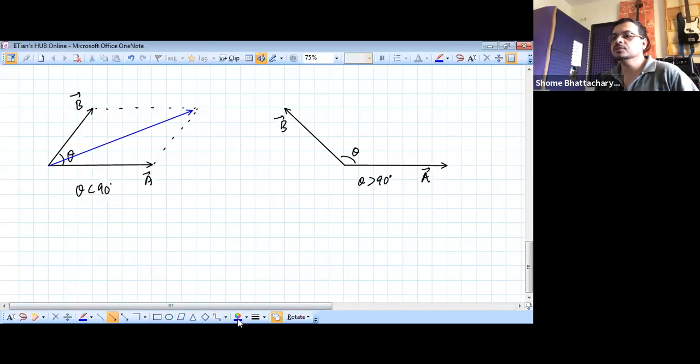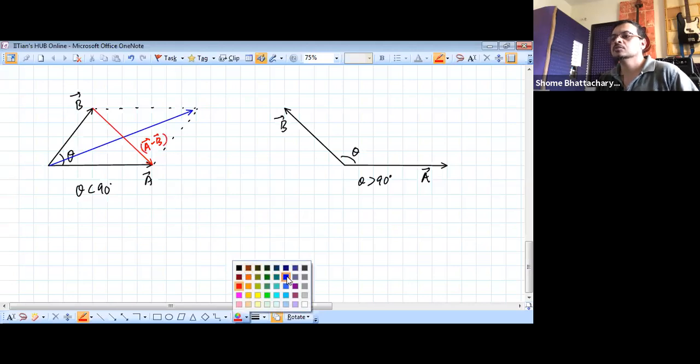So geometrically, you can see that the longer diagonal is this primary one, and the secondary one is the shorter diagonal. So A plus B is going to be larger than A minus B in magnitude when theta is less than 90.